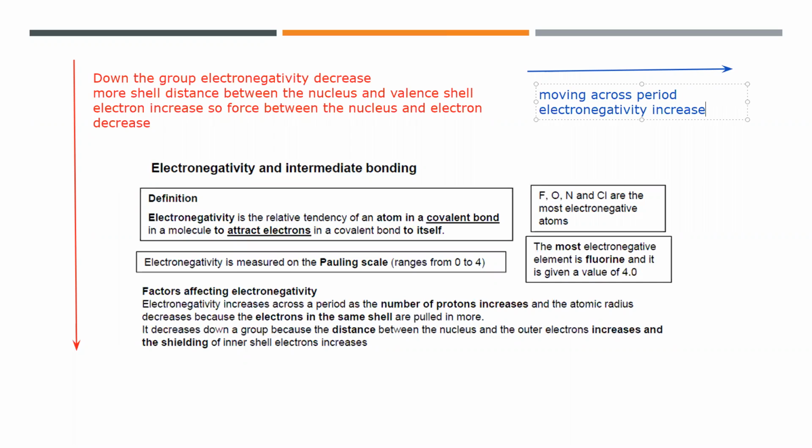Moving across the period, electronegativity increases because of the same number of shells but greater nuclear charge, because as we move across the period, the nuclear charge, or the number of protons, increases. So there is a greater attraction between the electron and the nucleus.